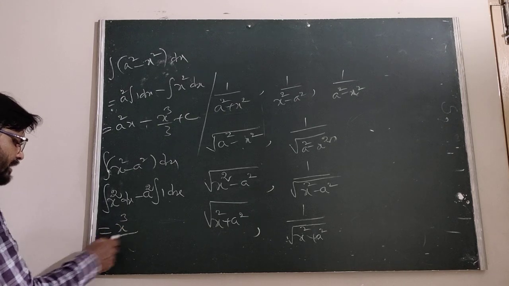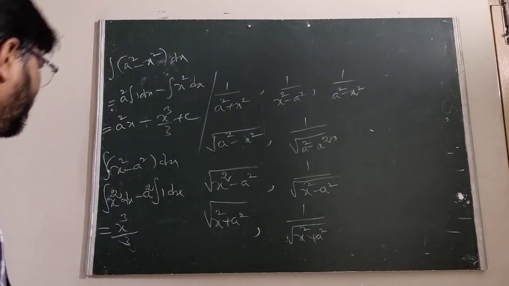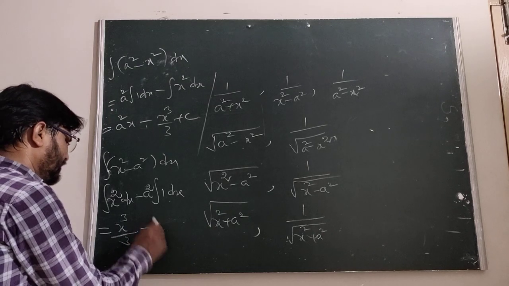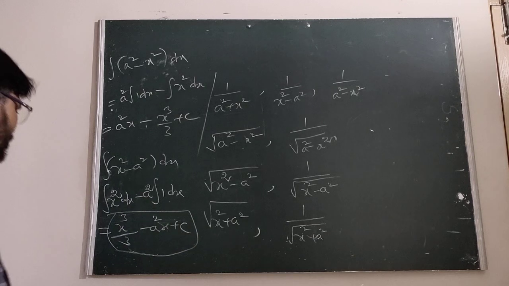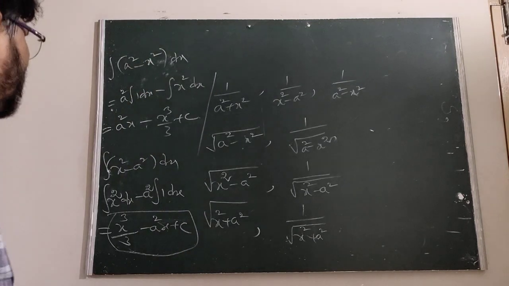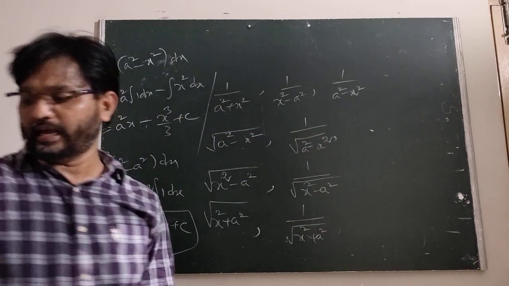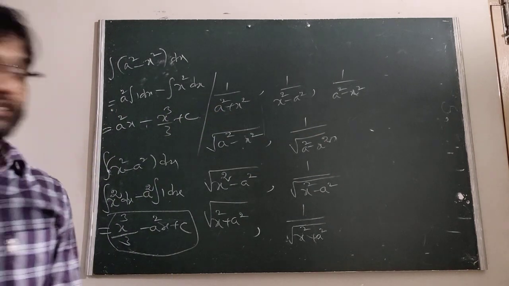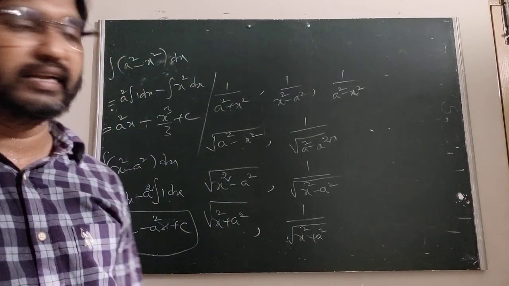Therefore, this is x cube by 3, since 2 plus 1 is 3. X cube by 3 minus a square x plus c. This is the formula. Now we can evaluate these 9, which are called the standard integrals.